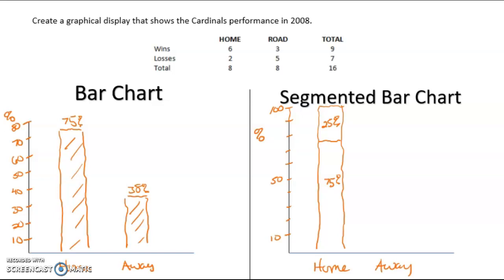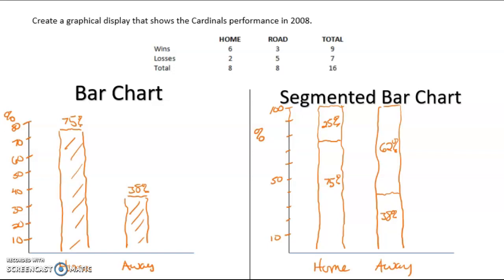Now I have to shade this a little differently to make it look different. For the away, same thing. It all has to add up to 100, so I'm going to start with that bar. Since their winning percentage is lower, it's going to be right across here. Only 38% of those games were a win, which means the difference, 62%, would be losses.